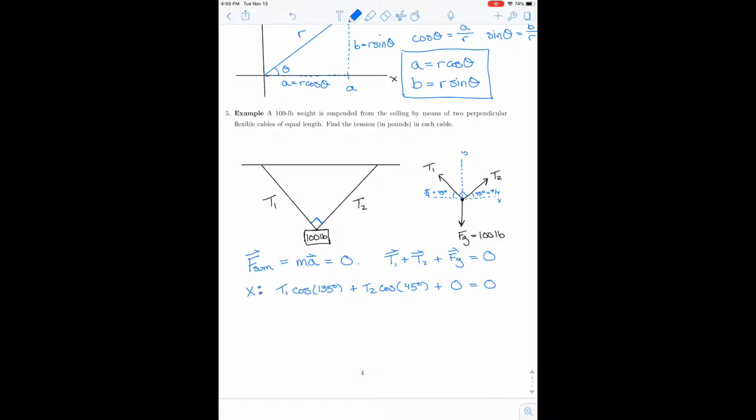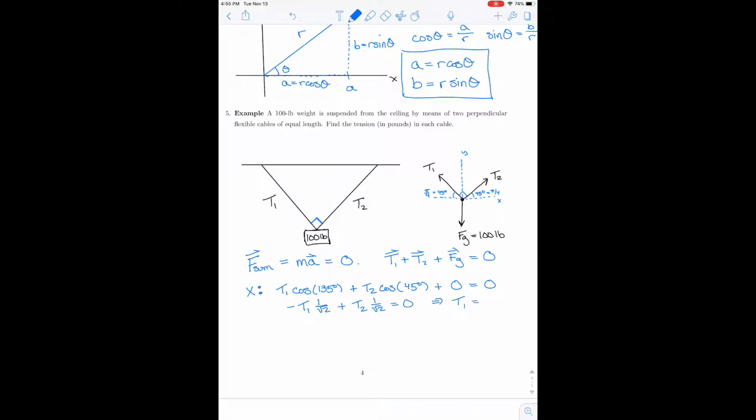So now the cosine of 135 degrees is going to be, actually, a negative 1 over the square root of 2. And then the cosine of 45 degrees is 1 over square root of 2. We're going to add those two up, set it equal to 0.